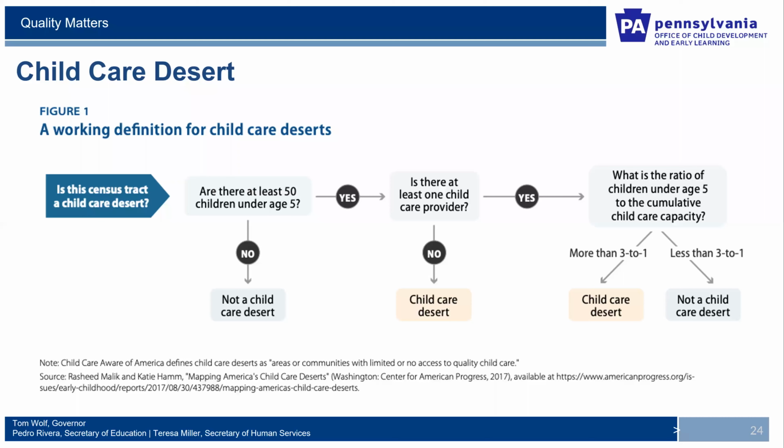For the tracts with at least 50 children, it was considered a desert if the tract did not have at least one childcare provider. If the tract had at least one provider, the ratio of children to capacity was then calculated. If that ratio was more than 3 to 1, it was identified as a desert. And if the ratio was less than 3 to 1, it was not a desert.